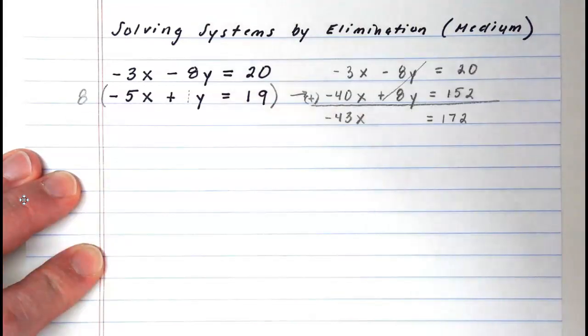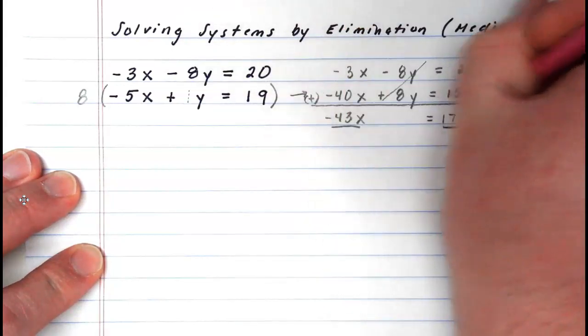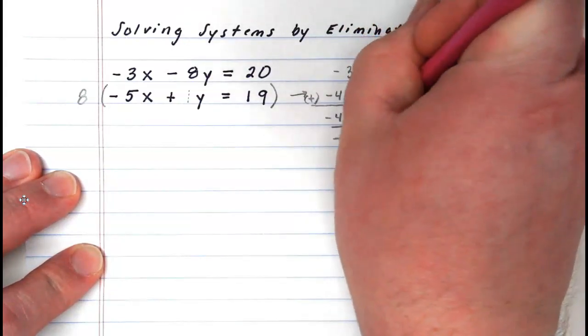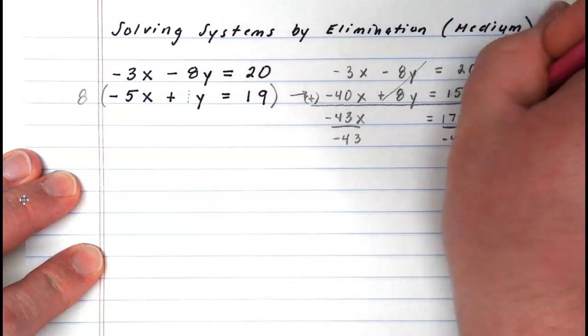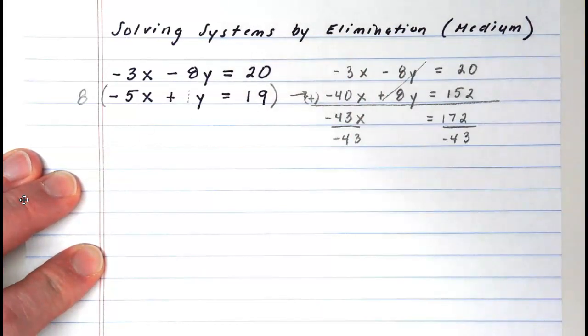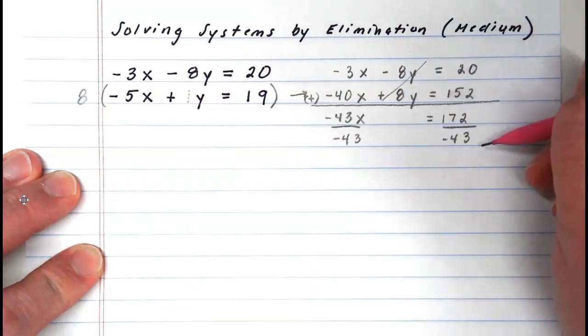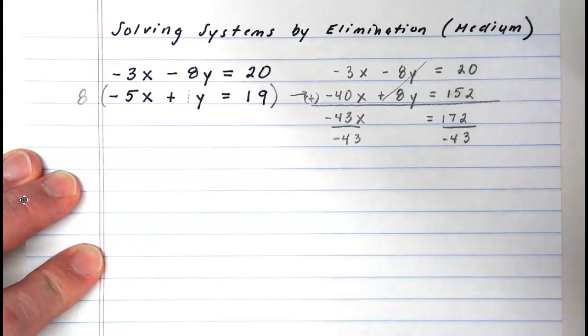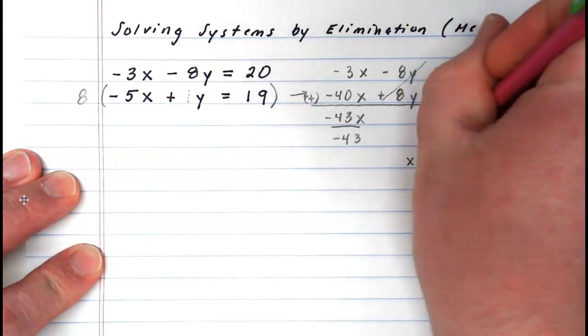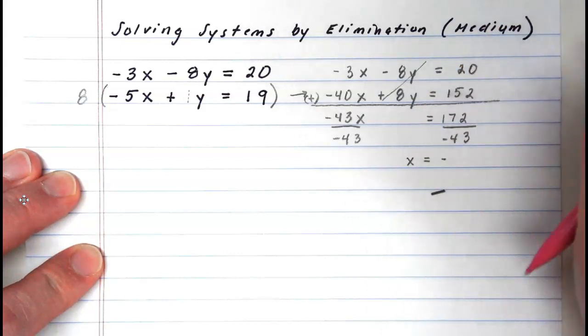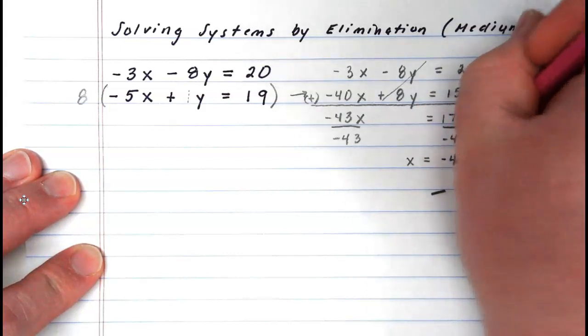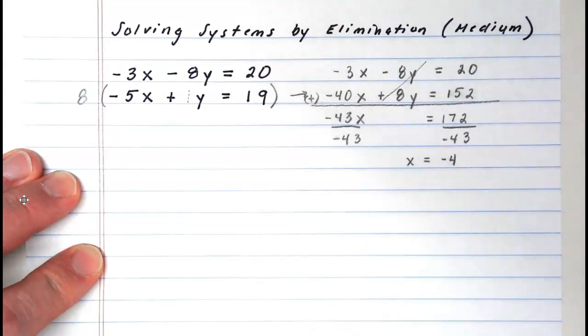Now, we have negative 43x equals 172. We can divide by negative 43. And that forces the negative 43's to cancel. And over here, 172 divided by negative 43 is negative 4. So we're left with x is equal to negative 4.